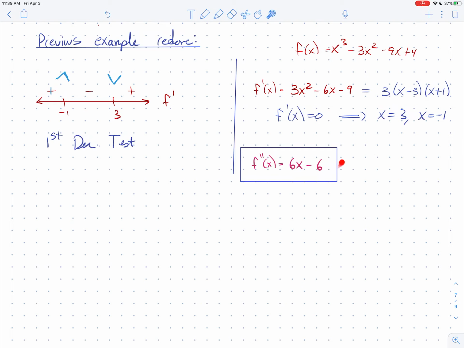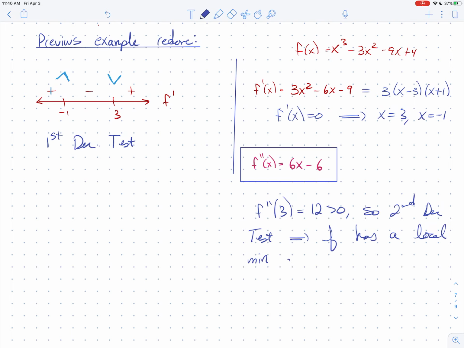critical points of f prime into the second derivative. These are special critical points, the critical points where f prime is actually 0, not undefined. So f double prime of 3 is, just plug 3 in, 18 minus 6 is 12, which is positive. So the second derivative test tells me that f has a local, it's kind of backwards to what you expect, a local min at x equals 3.